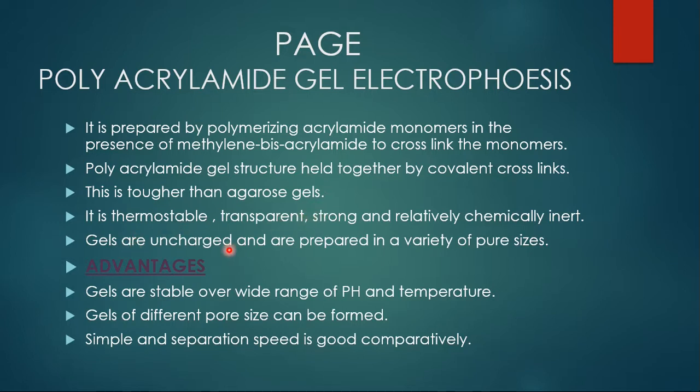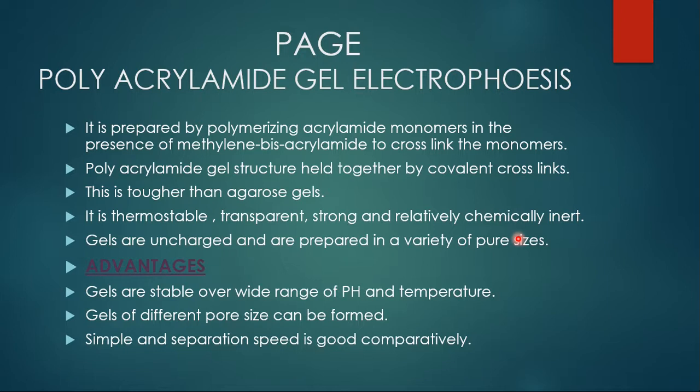And not only that, these gels are uncharged and prepared in a variety of pore sizes, and they are thermostable, which is very important, transparent and strong, and relatively chemically inert. That means they won't easily get changed by the chemicals that are being added.